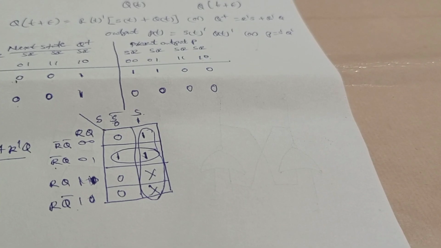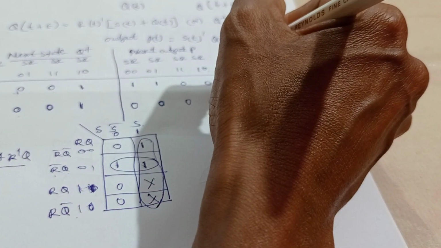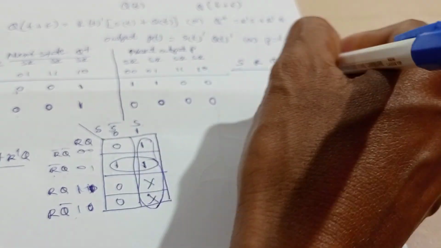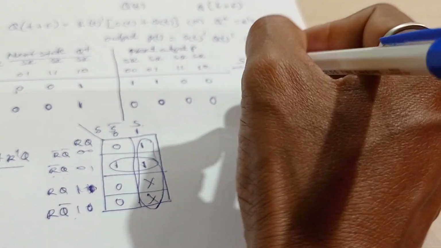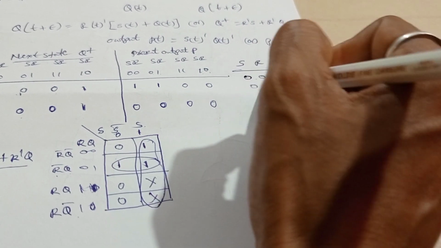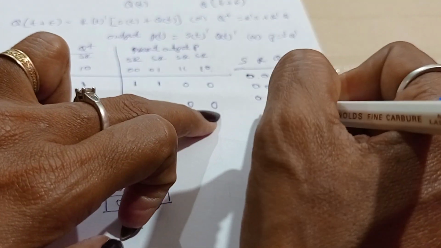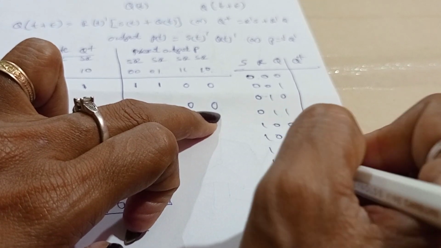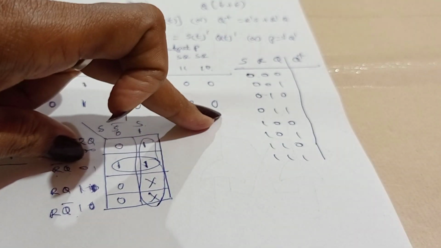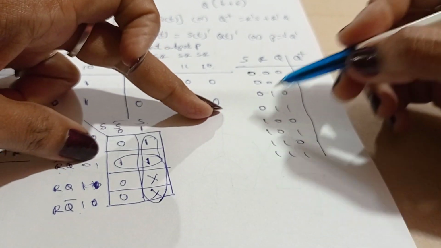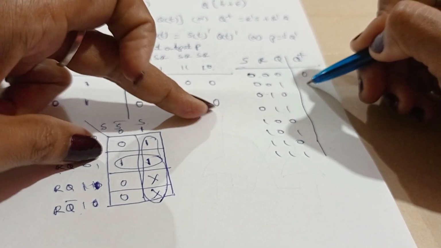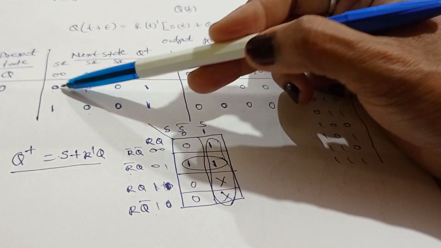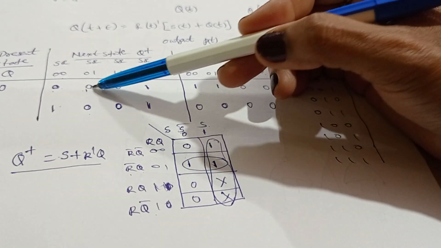This truth table can be written as S, R, Q plus, that is the next state. So consider the combinational values. Now write all the next state values, that is 0, 1, from this 0, 1, next 0, 0.